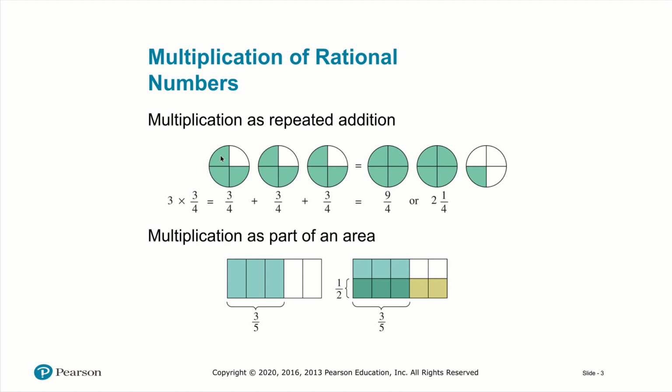We can see that a total of 9 slices get shaded. So if we bring them together into just 2 of the circles to indicate 8 of those, then we just need 1 slice shaded in the next one. So 3 times 3/4 will end up being 9/4, or 2 and 1/4.